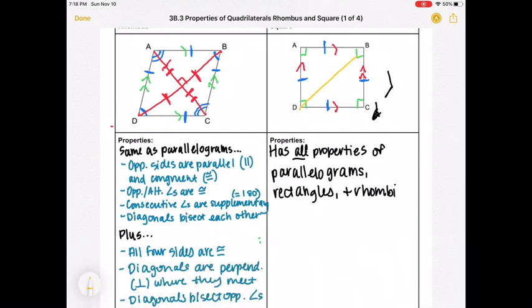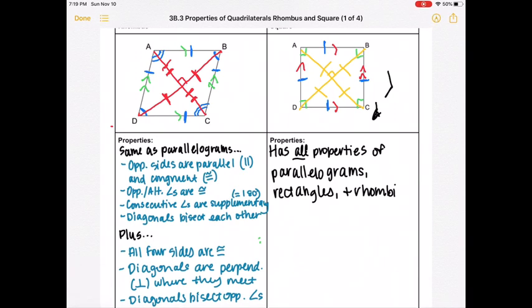The diagonals are congruent and bisect each other. So therefore, they're all four the same. And then if you wanted to put that 90-degree angle in there, you could. So comparing the two, very similar, except the diagonals on a rhombus are different and the angles are not right angles like the square.